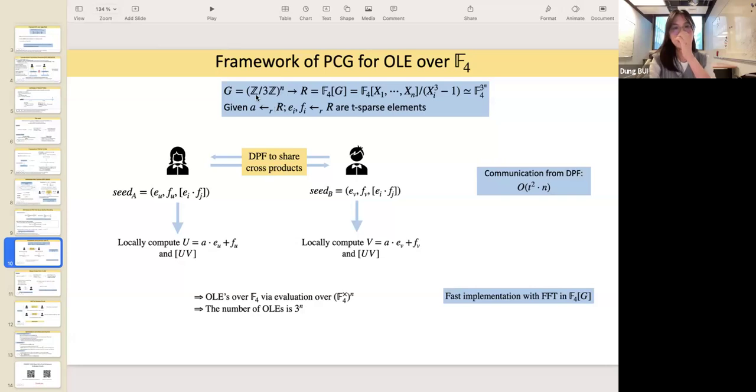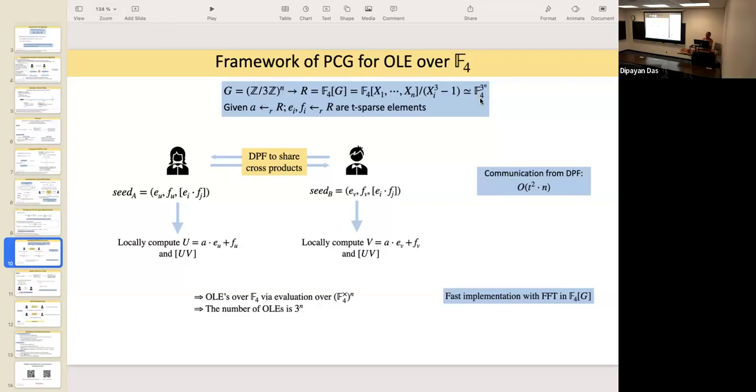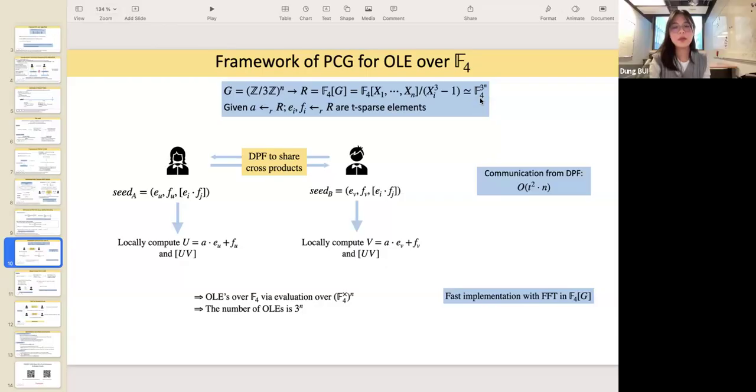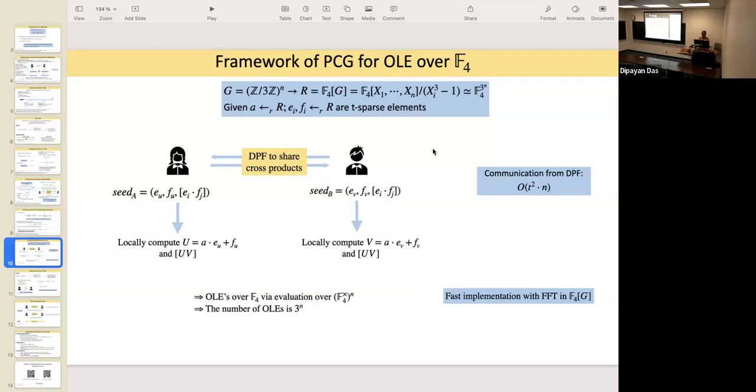For the abelian group, we choose Z over 3 to the n, and then the ring needs to be isomorphic to F4 to the 3 to the n. Okay, I see. So we get correlation over F4 and we get a 3 to the n correlation basically. Okay. Thank you so much.